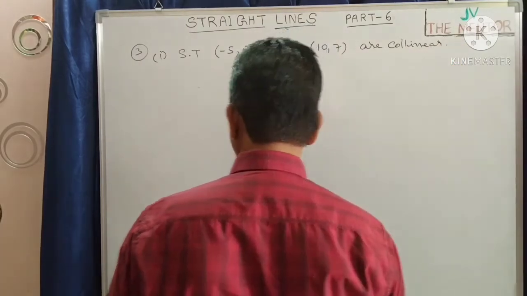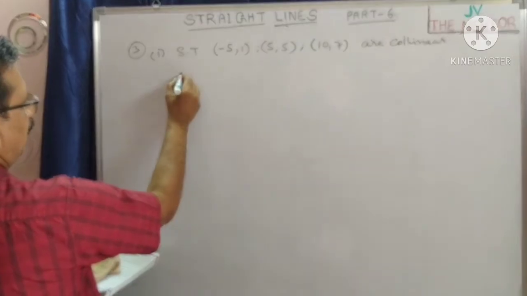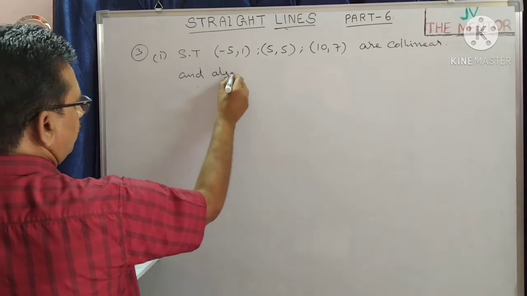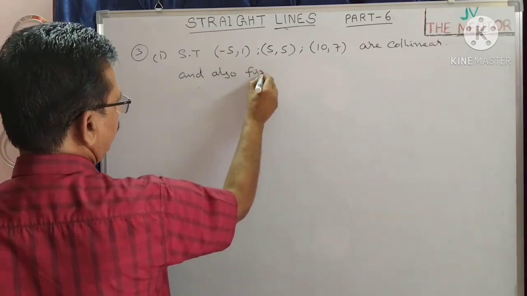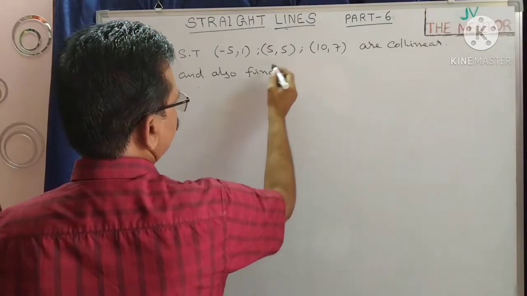Or collinear, and also find the equation of the line passing through these points.